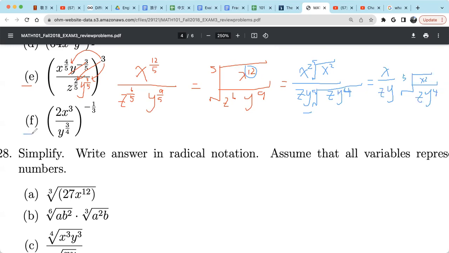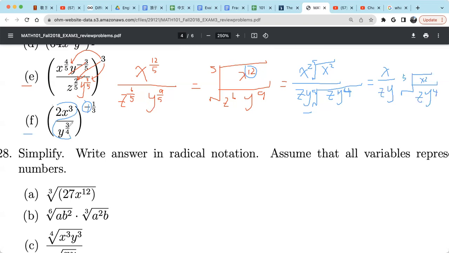Let's see F. For F, the outside power is negative. That means inside we don't have negative exponents. So we just flip the numerator and denominator and get rid of this negative sign.